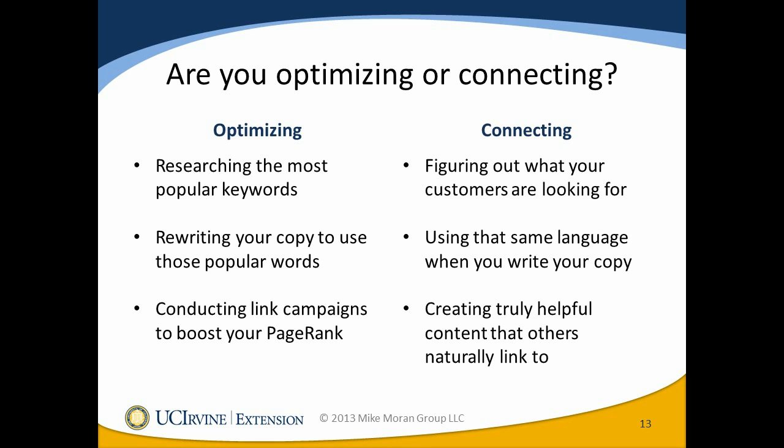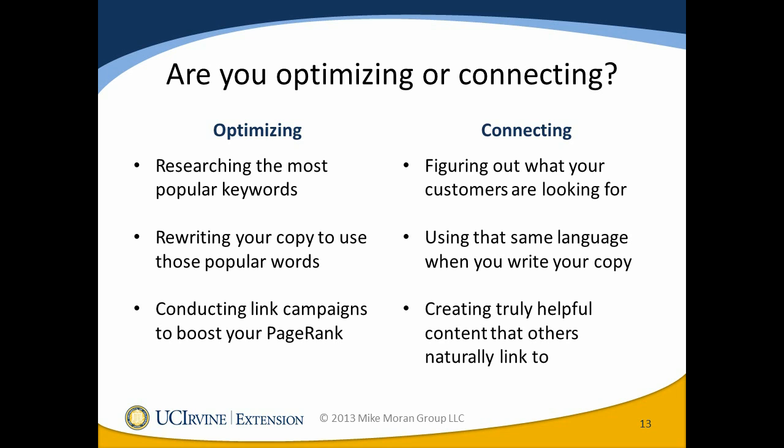And so optimizers spend a lot of time looking at whether things are popular or not. People who are connecting are focused on whether those keywords are actually excellent matches for the content, for the company, and therefore for the customers. And so they're both doing keyword research, but they have a different outlook, and that outlook makes all the difference.